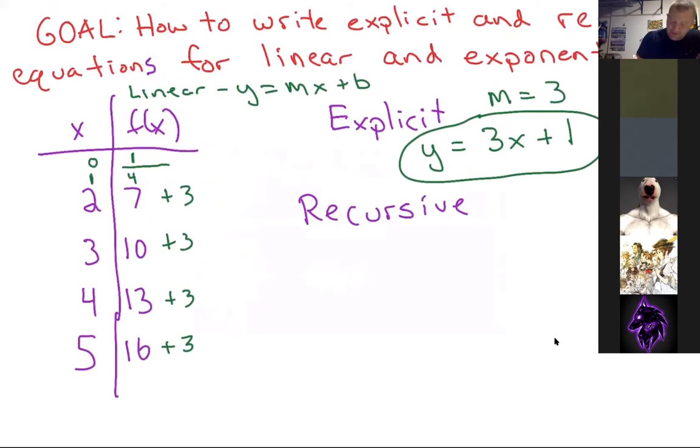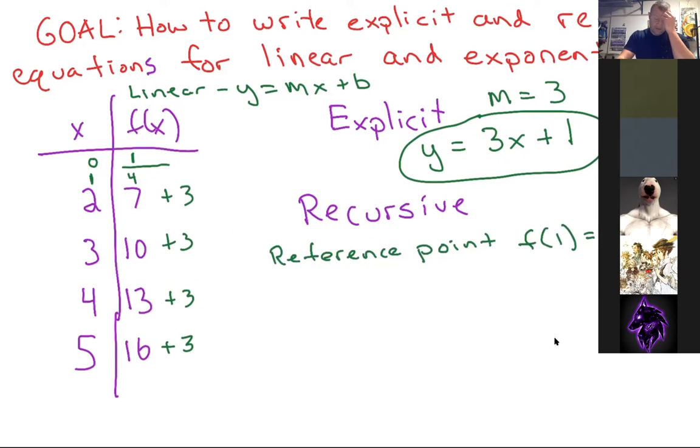The first thing you want to do with a recursive is write what's called a reference point, and that's usually f of 1. I'll explain that more in a little bit, but what is f of 1? When x is 1, what's y in this problem?